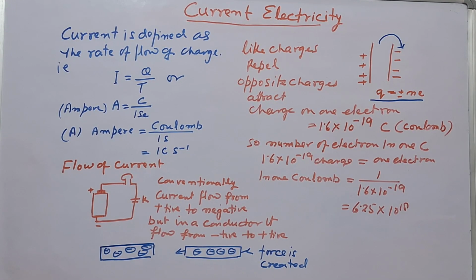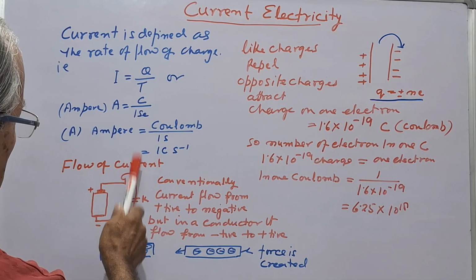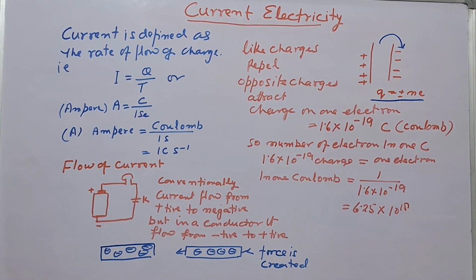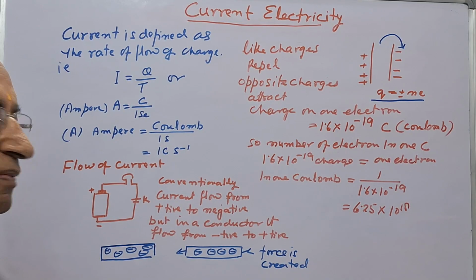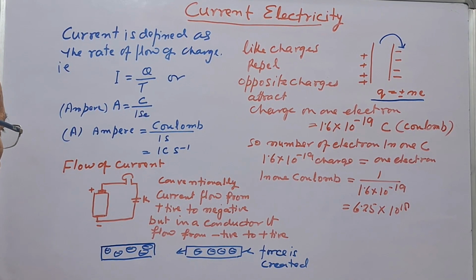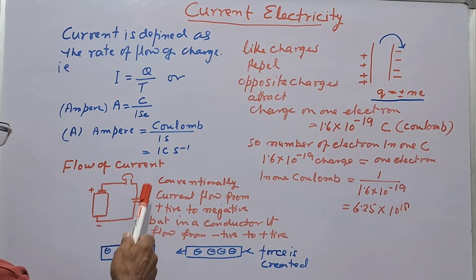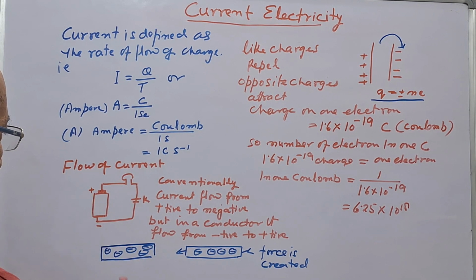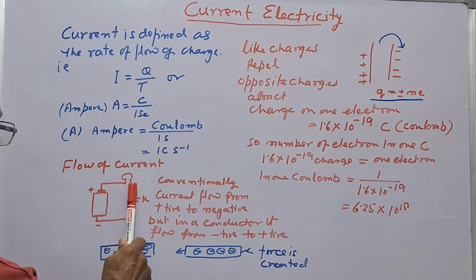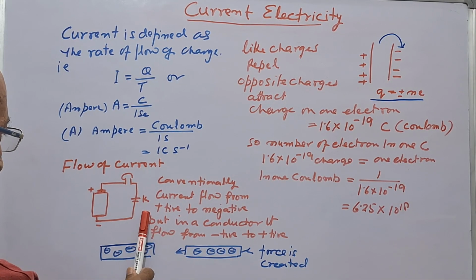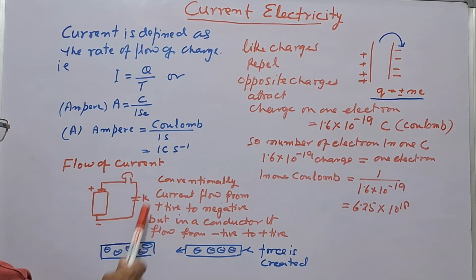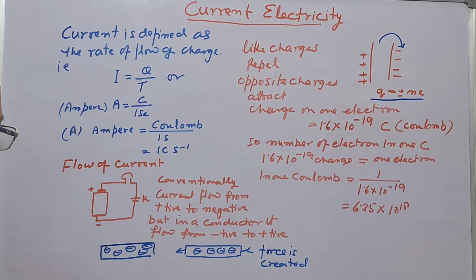Now, very important thing, what is the direction of flow of the current? You see, when there was no discovery of the electron, if you see the simple diagram, that is a circuit, this is the cell, and in the circuit we take a bulb or a resistance, then a key, and it is joined, completing the circuit to the negative.